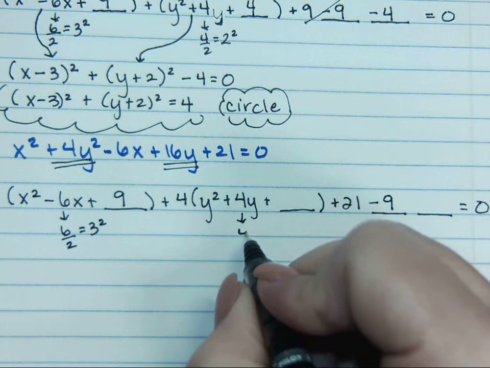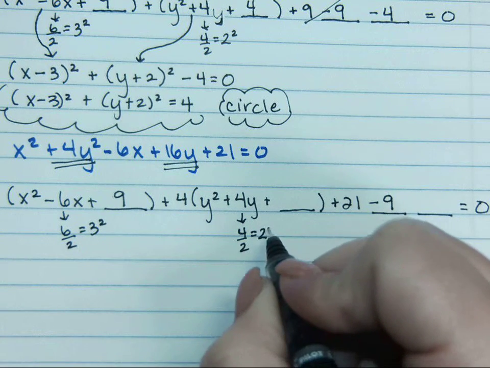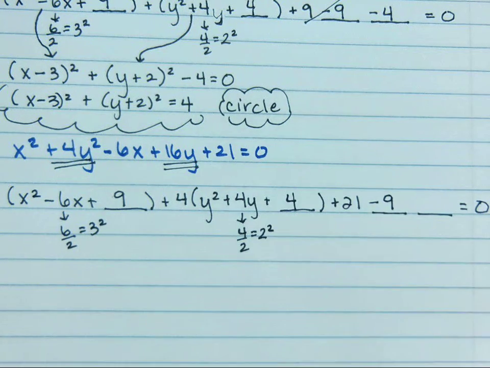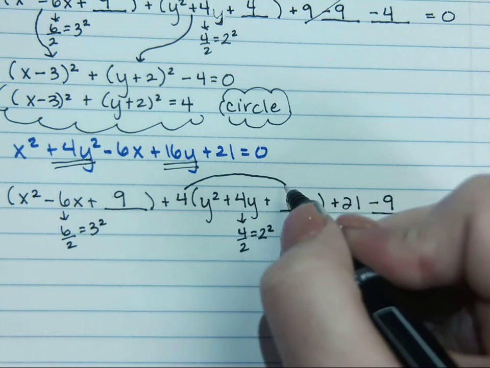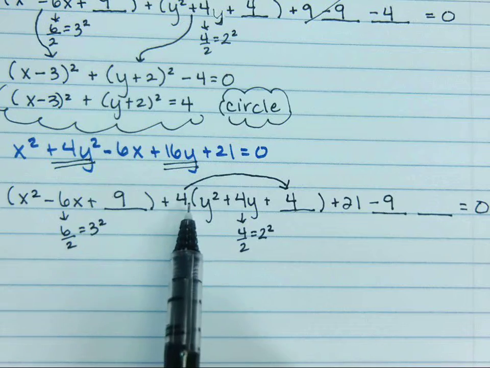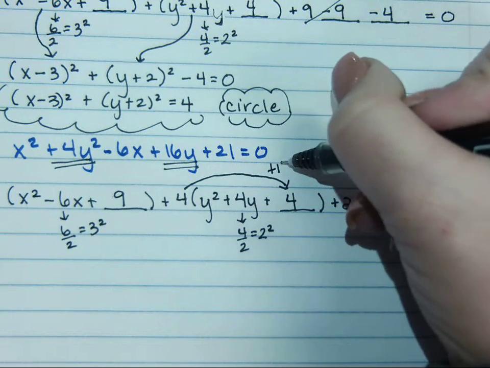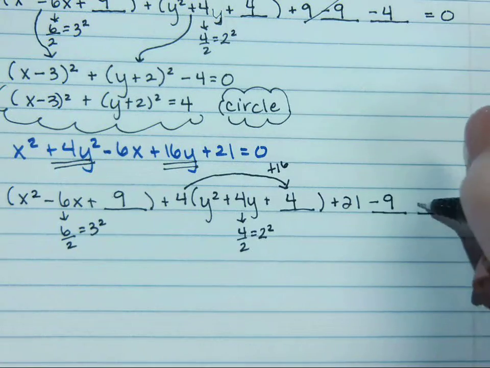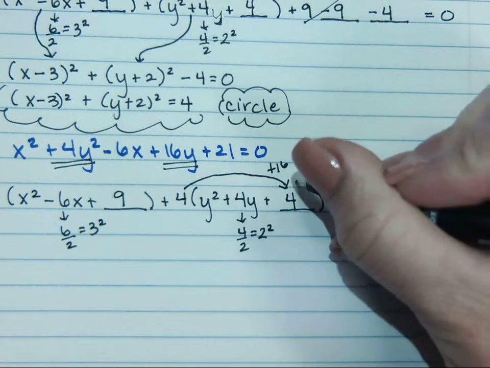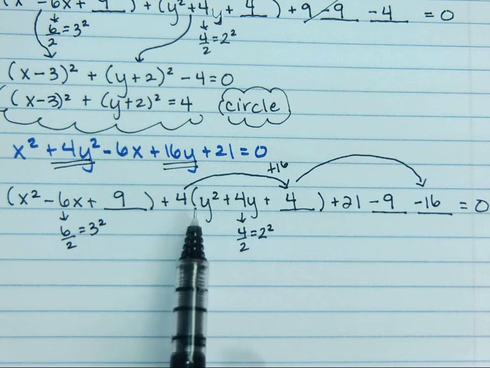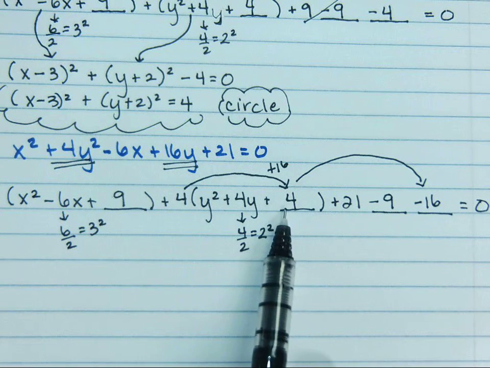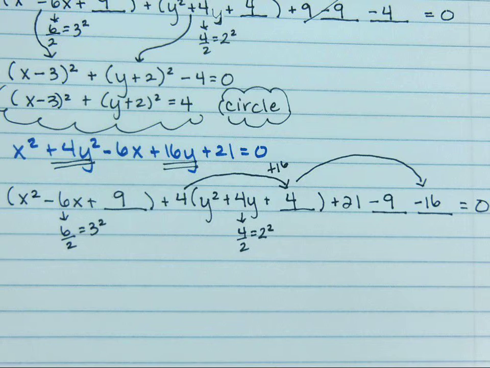But now on here, when I take half of this term and square it, I'm really not adding the value of 4. Remember that I had factored out a 4 earlier, so I really have the value of 4 times 4, which is 16. So I need to balance that with a minus 16. All right. So again, just like we did before when we complete the square, you have to think about the value you added, not just the number you wrote.